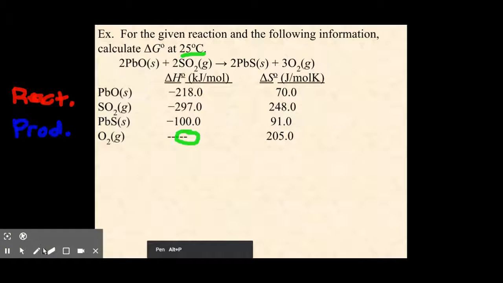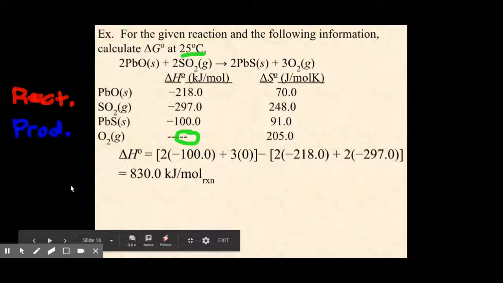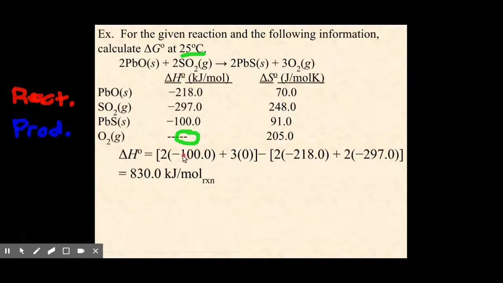So you guys remember Hess's law from the beginning, where we now just need to take all the enthalpies here and multiply them by our coefficients. So 2 times negative 100 plus 3 times 0, and then subtract the enthalpies of my reactants.